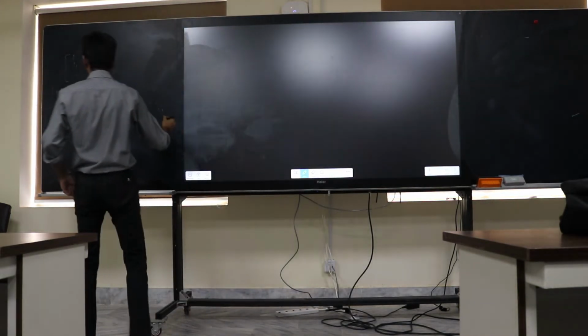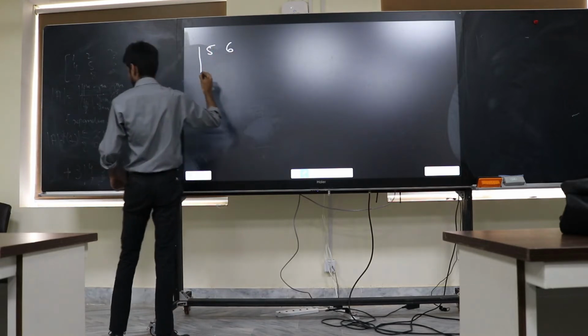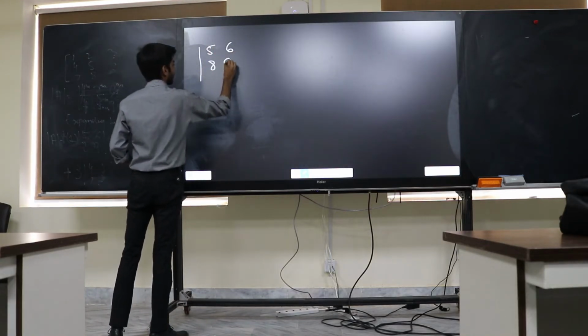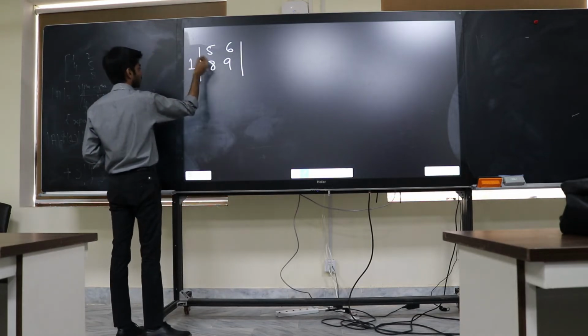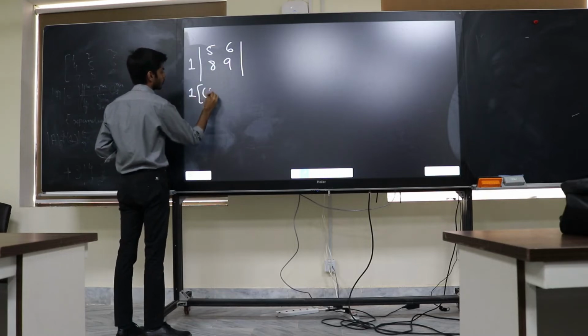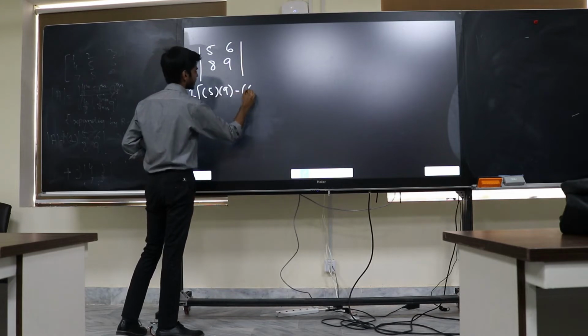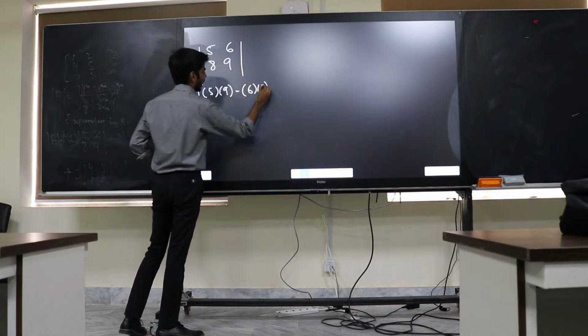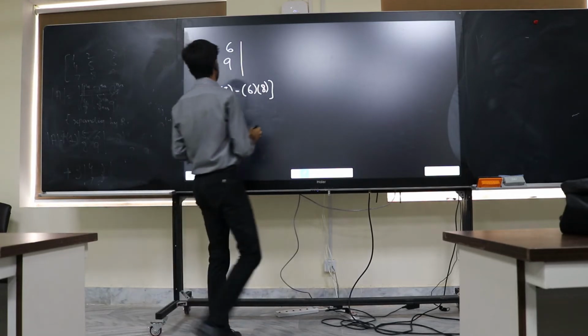So let's suppose we have a matrix 5, 6 and 8, 9. What we will do is that we have 1 here, multiplying with that. So 1 will be the same, 5 is multiplying with 9, and 6 is multiplying by 8. And we have a minus sign here, always it will be minus.